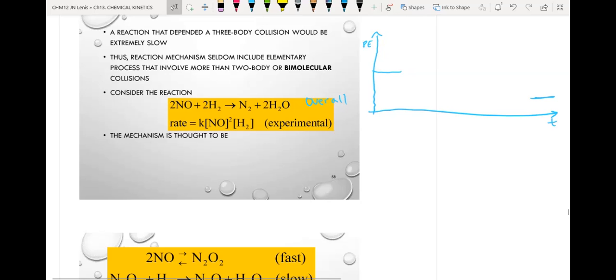Mechanisms are not absolute. You can run your own experiment in your research lab and find a different mechanism that explains that reaction better. So over time, mechanisms can change. So if this one goes through a 3-step mechanism, I want to take this chance to show you how to write the potential energy diagram from the mechanism.